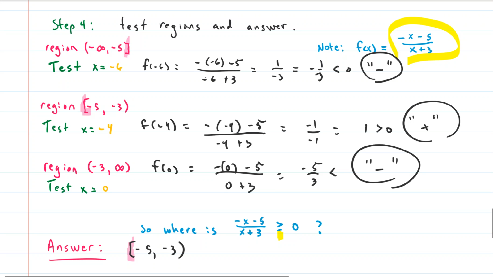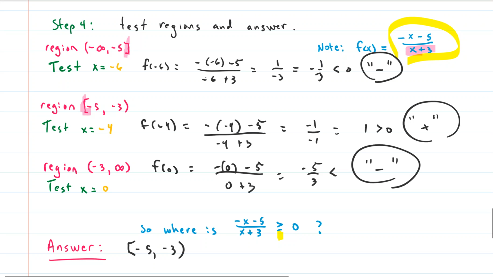If I had a parenthesis here, that would be from -5 to -3, but it would not include -5 or -3. So I include it with a bracket. I'm not including -3 because -3 isn't in the domain of the function. Notice that if you put -3 into the denominator, then you would get 0.